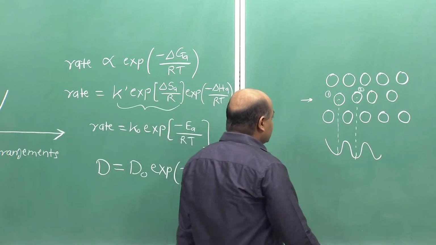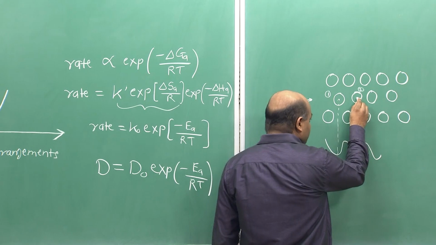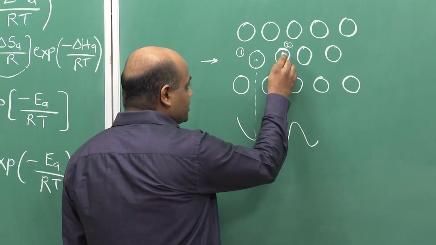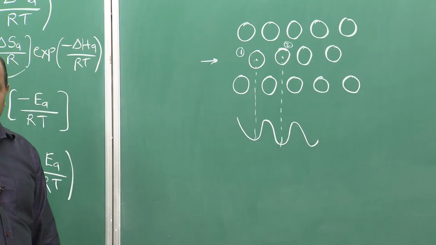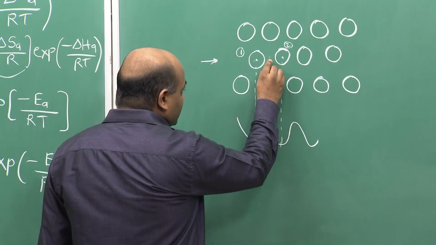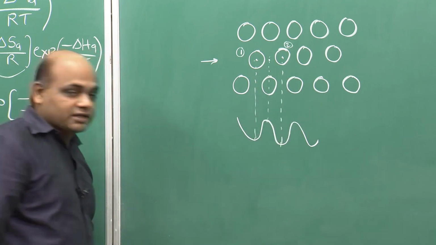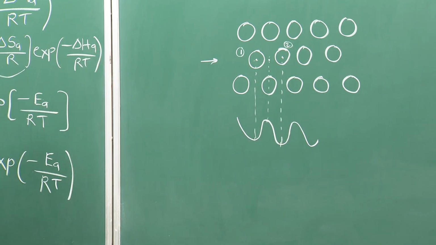So, now if this atom has to move on to this site, that is from site 1 to site 2, we see that while doing that it crosses a position which has a maximum in the energy, right.